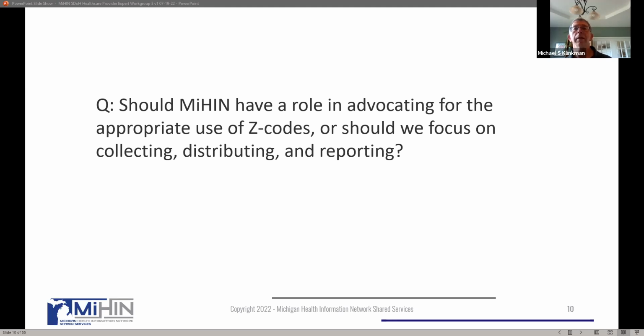Or collectively, should we try to evolve some shared understanding about how to best use Z codes so that they're meaningful information for everyone? That's kind of how I would parse this.